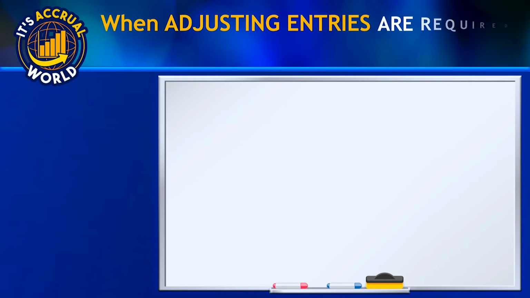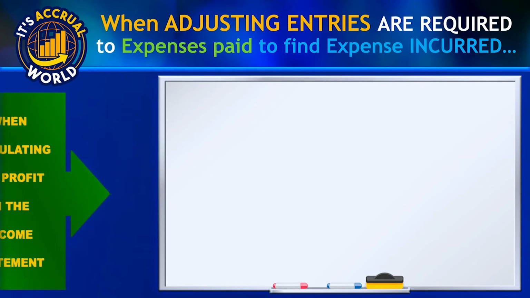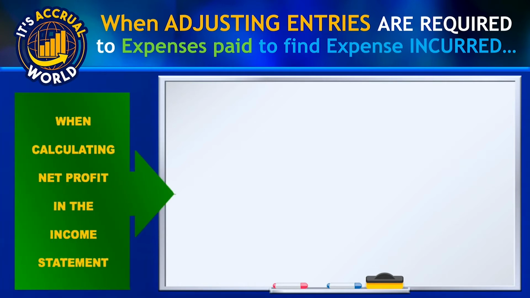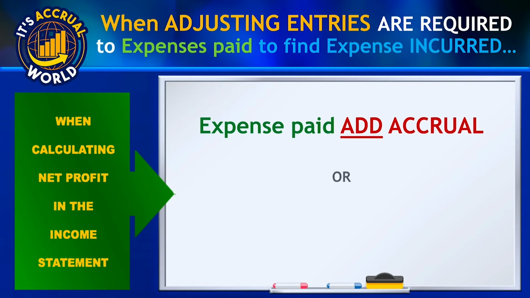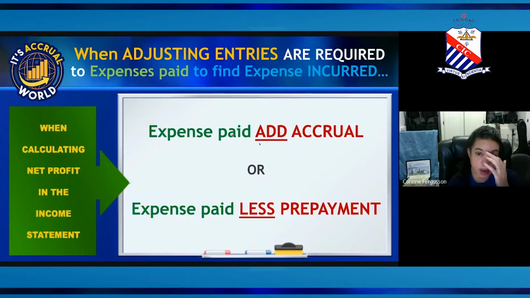So this is what is required whenever you have an accrual or prepayment to calculate what goes into the income statement, or to find out what is the expense incurred. You add accruals to the amount paid, or you less prepayments from the amount paid. This is basically going to be our lesson.